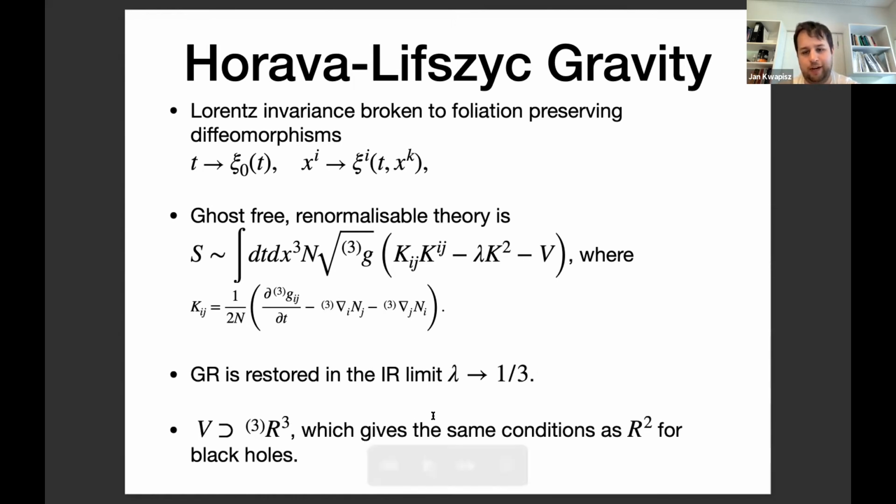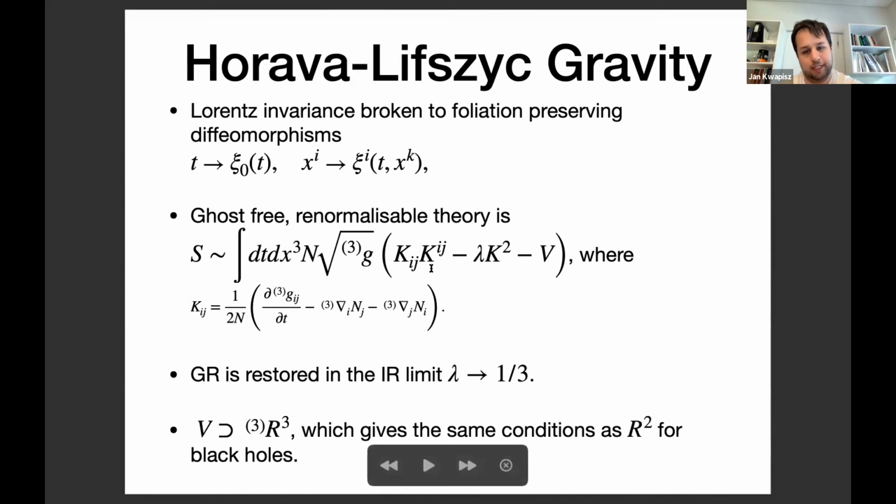However, what we will find is that this gives the same conditions for black holes as just R squared, where R is the spatial, three-dimensional R. Let me just mention the various Horava-Lifshitz theories, the projectable one, the non-projectable one, the ones with terms up to R squared or R cubed, with additional symmetries, but that would be highly irrelevant.